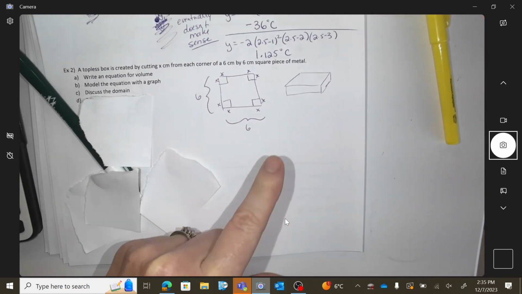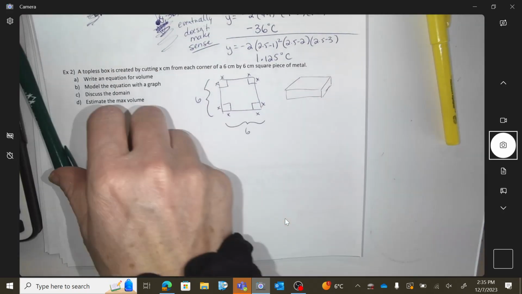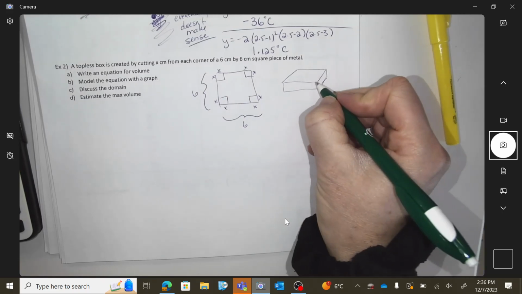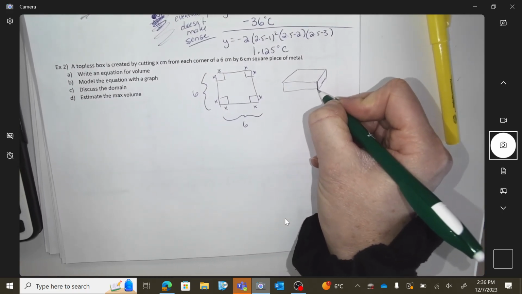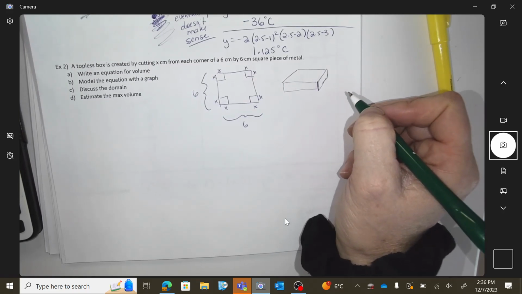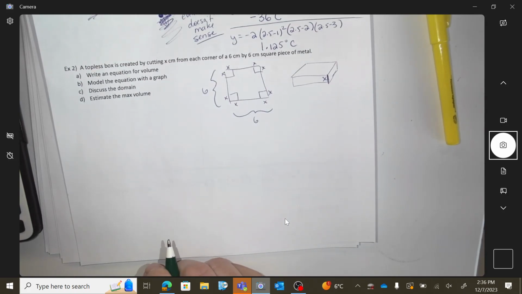Okay, so let's talk about the dimensions of this box. What is the height of this side once you fold it up? Whatever x is. You cut x away and you fold it up, that height is x.